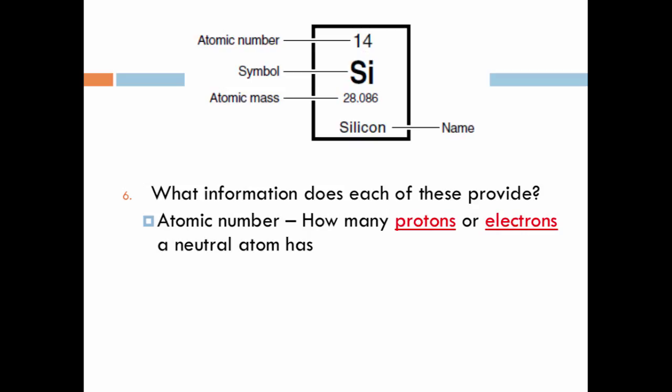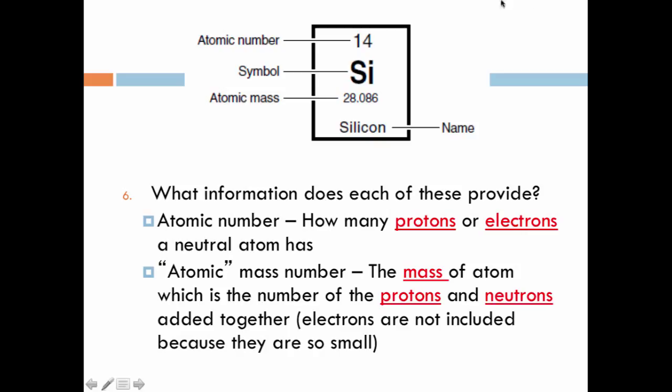The atomic number is always going to give you the number of protons and the number of electrons of a neutral atom. Now, the reason why I say of a neutral atom is because when you get to high school, it will change. So if you look at silicon, for example, you can tell that silicon has 14 protons and 14 electrons because its atomic number is 14.